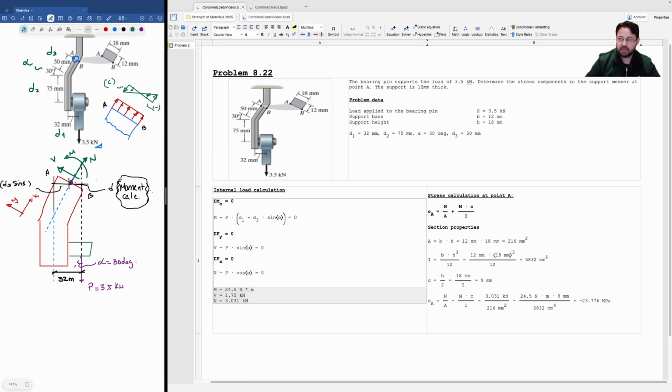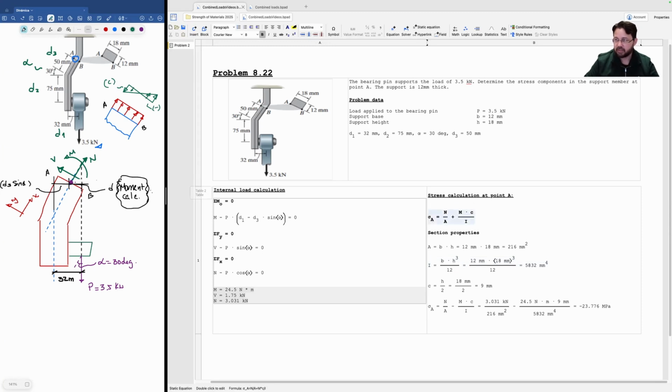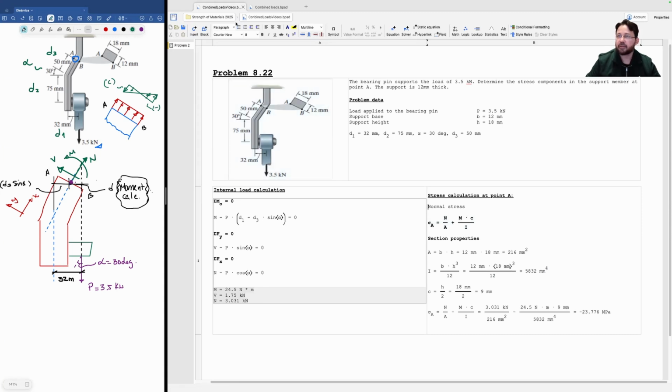Now, what happens with the shear force, shear stress? I could do this better and say, this is for normal stress, and put it like this. And then for shear stress, I'm going to put it like this.